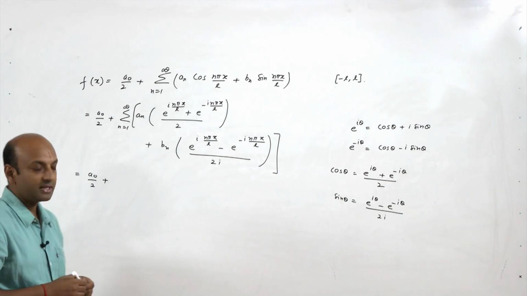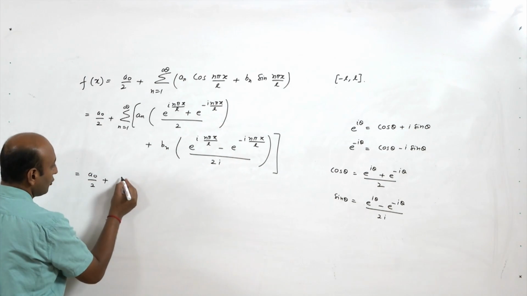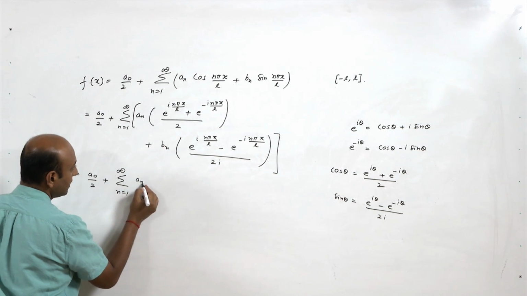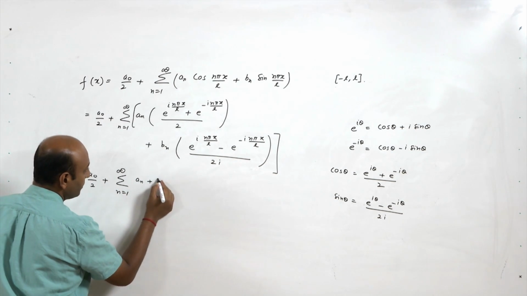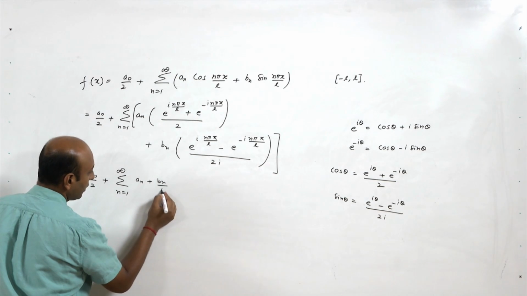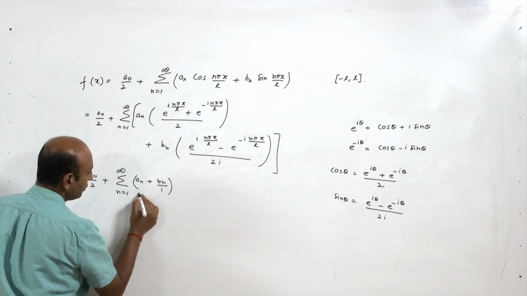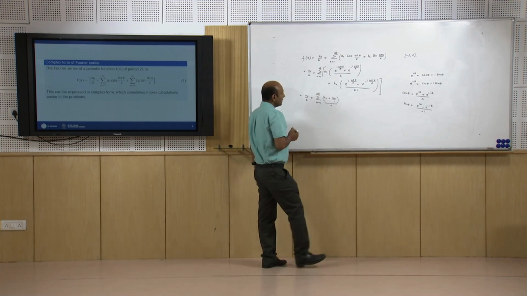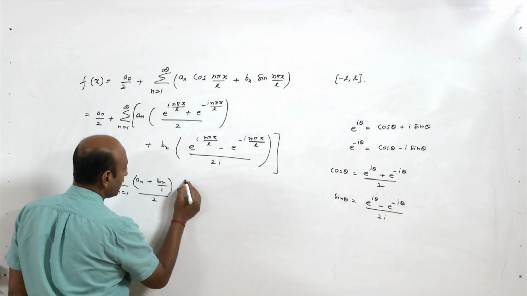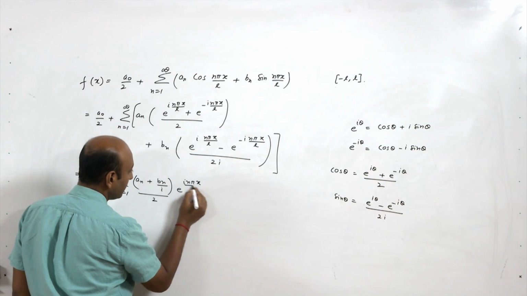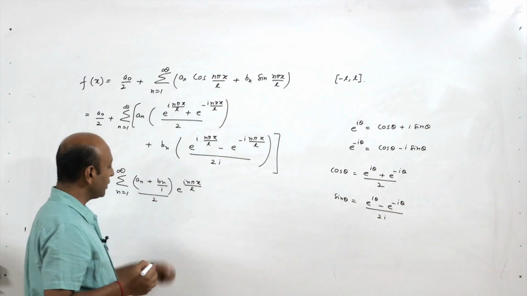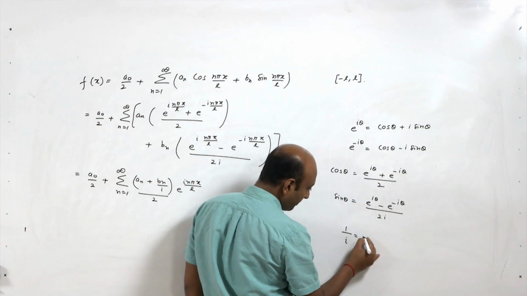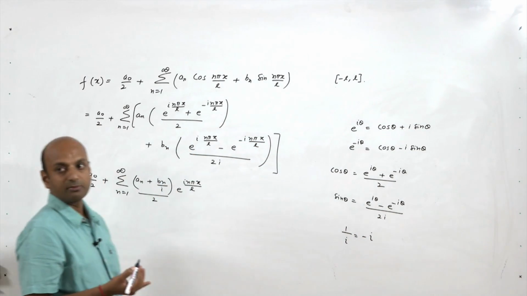So, what we obtain is summation n varying from 1 to infinity of (a n plus b n upon iota) divided by 2 times e to the power iota n pi x upon l. We also know that 1 upon iota is nothing but minus iota, because iota square is minus 1.